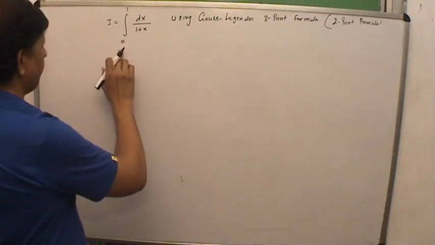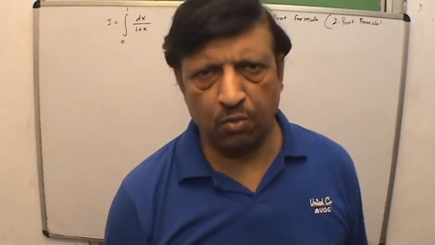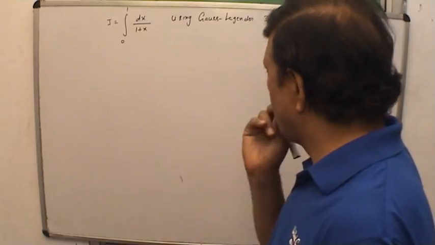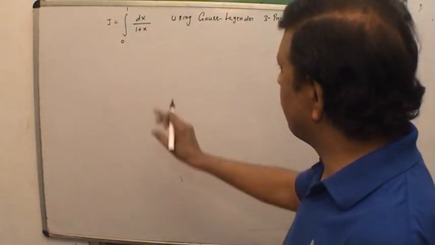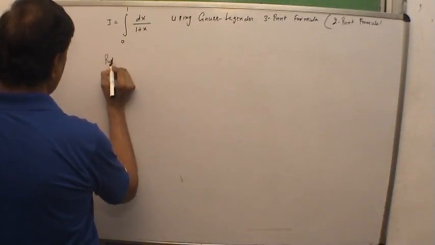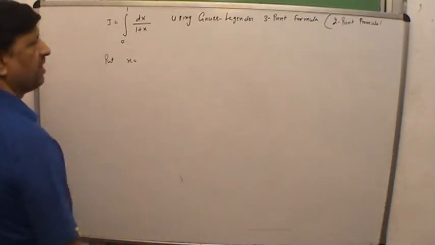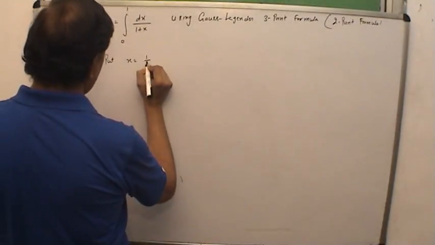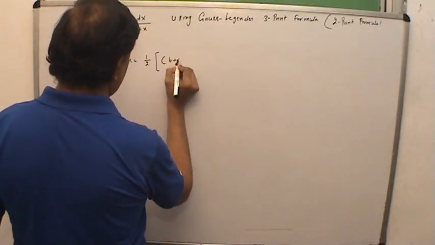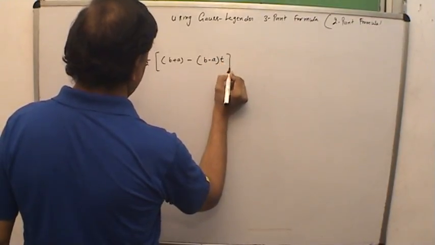First of all, we see the given function, it doesn't obey the basic rule of the GL integration, that is -1 to 1. Then how to convert it? The first step is to put x is equal to, there may be any variable, say t, x is equal to half of (b plus a) plus (b minus a) into t.